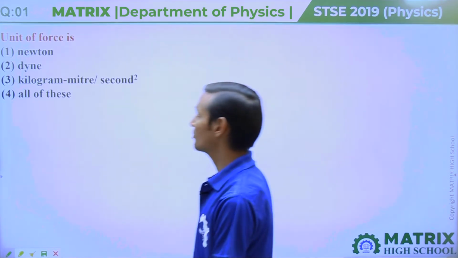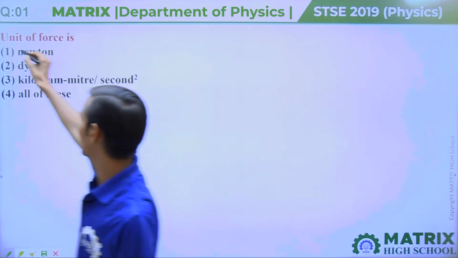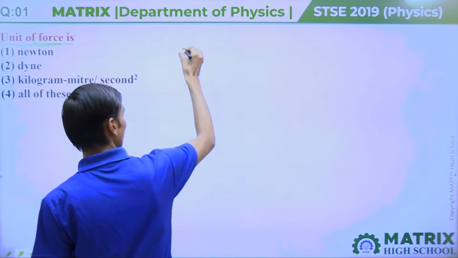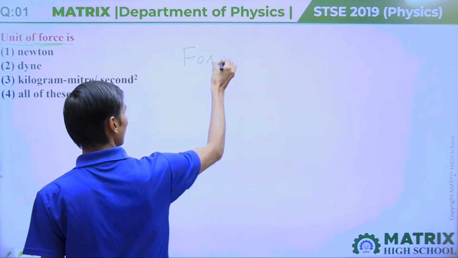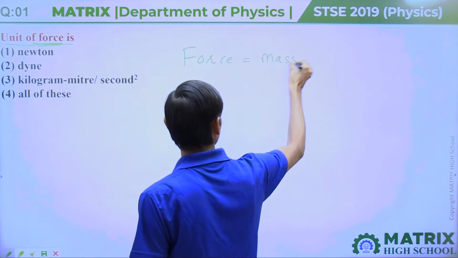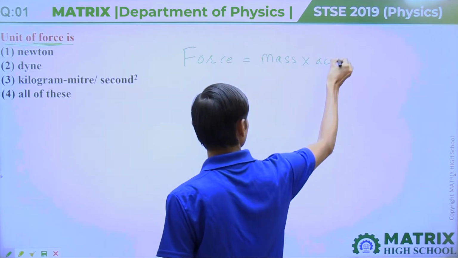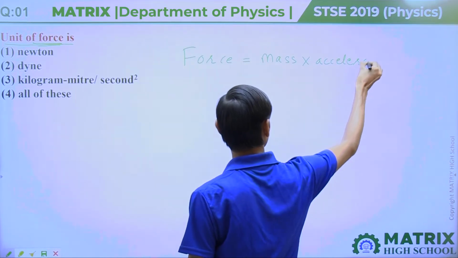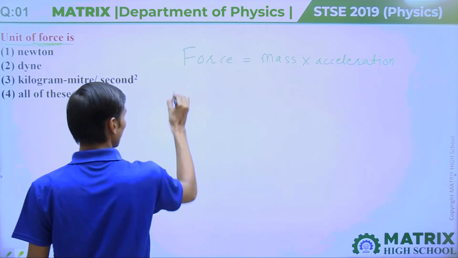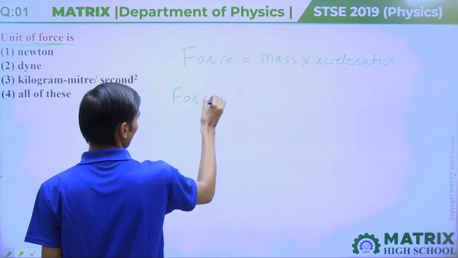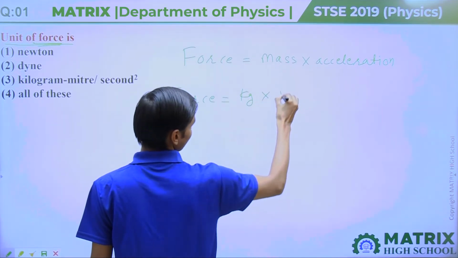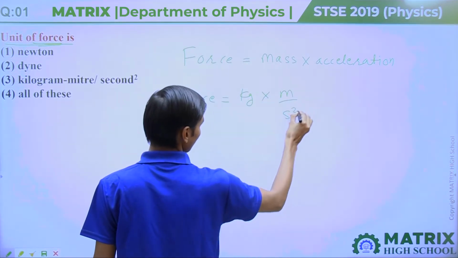Okay. Question number 1 is unit of force. We know force is equal to mass into acceleration. So force equals mass in kg into acceleration in meter per second square.